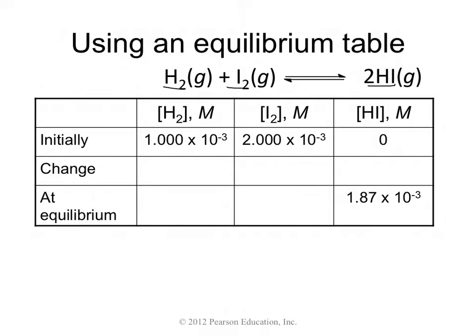So if I make 1.87 times 10 to the minus third molar HI, I'll have to deplete my H2 and I2 by half that amount. In other words, the amount of the reactants I use is going to be 1/2 the amount of HI that I make.